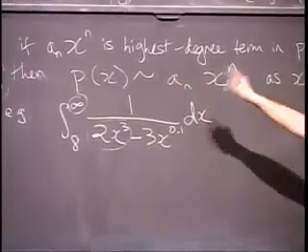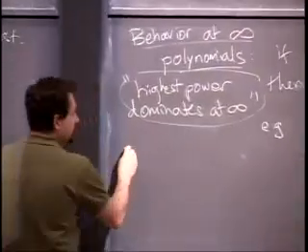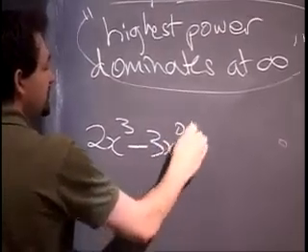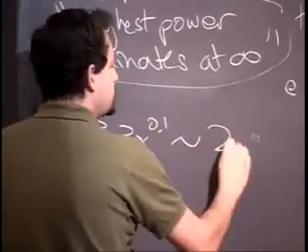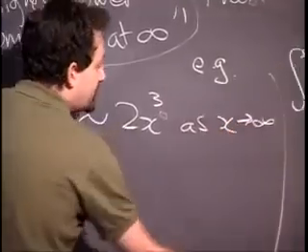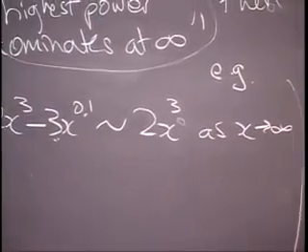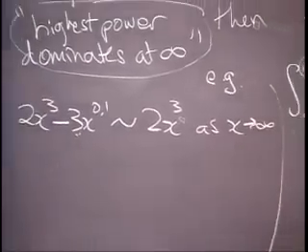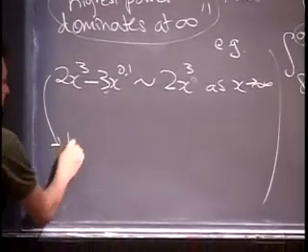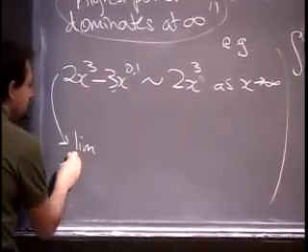So I whip out this principle and I say, well, 2x cubed minus 3x to the point 1 should behave like 2x cubed as x goes to infinity. I'm ignoring this lower power here. Now, that's probably worth proving, and it's not very difficult. You see, here's the justification of this. If you want to show something like this, then you just consider the ratio.